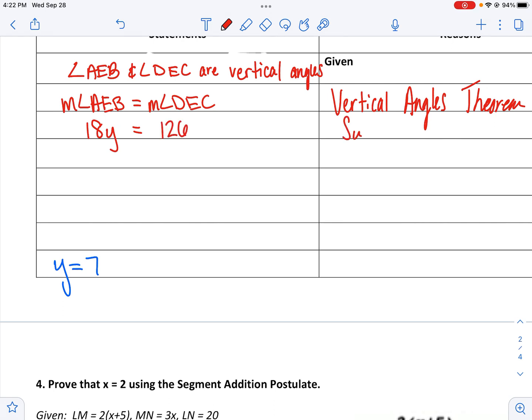So I can substitute in those values. And from here, it's just an algebraic proof. There's only one more step where you'd get y equals 7 by the division property of equality.